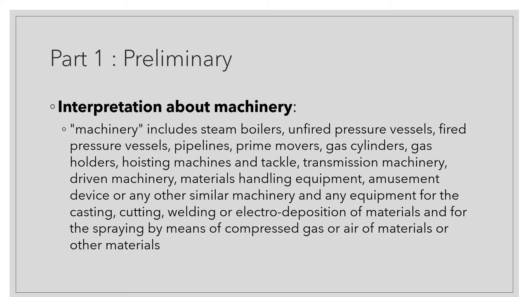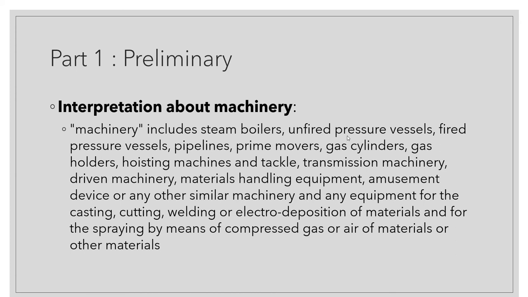Okay, ini bermaksud ini interpret about the machinery or the definition about machinery, which is include the steam boiler, unfired pressure vessel, fired pressure vessel, pipeline, prime mover, gas cylinder, gas holders, hoisting machines and tackle, transmission machinery, driven machinery, material handling equipment, amusement device, or any other similar machinery and any equipment for casting, cutting, welding or electro deposition of materials.